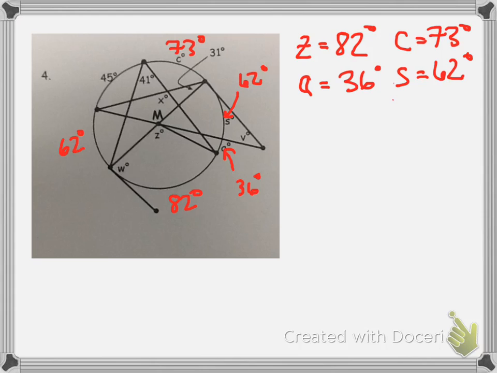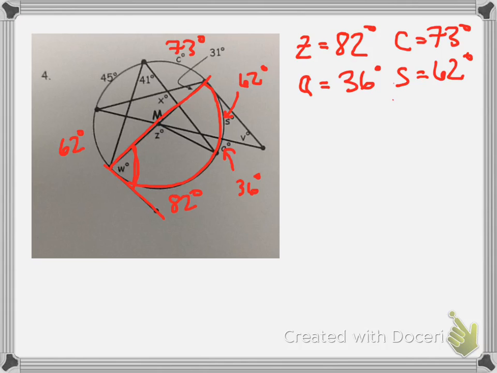All right, so we also have this inscribed angle, which is angle W. Okay, so this angle is equal to half the measure of the intercepted arcs, which is this right here. So we've got 82 plus 36 plus 62, which we already know is 180.